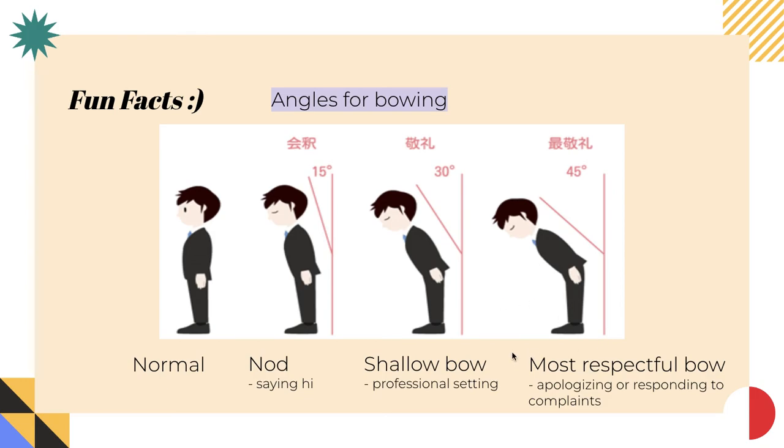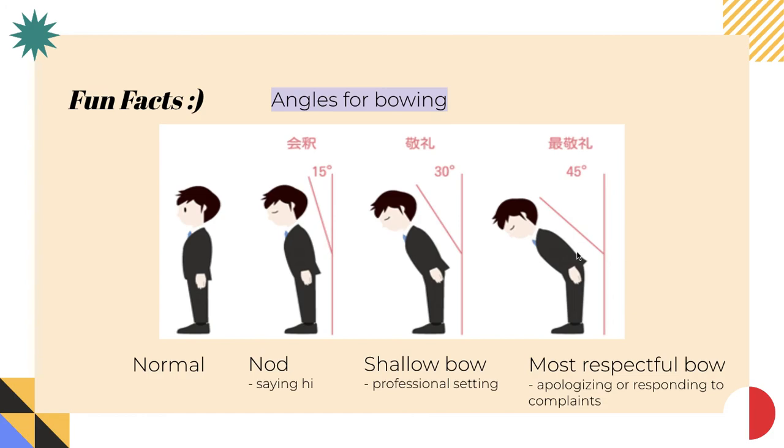And lastly, this is the most respectful bow with a 45-degree angle. This is mainly used for apologizing or responding to complaints. Normally you won't really see this in public, but if some businesses have a complaint from their customers, you would see them bowing at this degree.